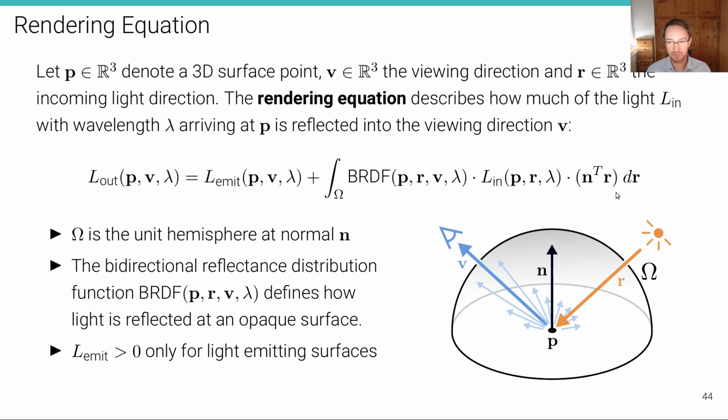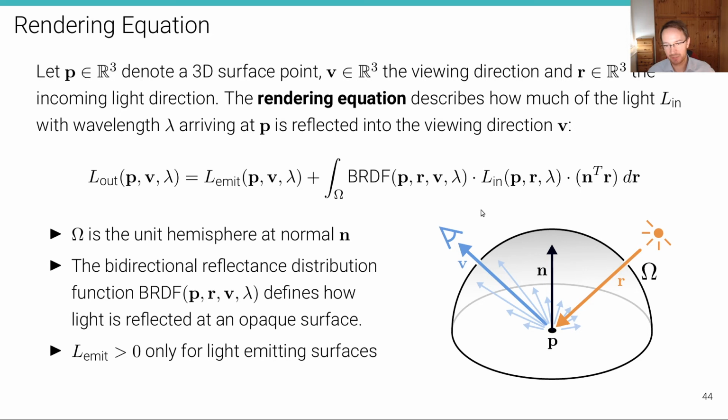All of these functions are conditioned on this wavelength lambda because this equation is true for all wavelengths basically. So for all of these wavelengths, we are integrating over this hemisphere sigma, and we're integrating the so-called bidirectional reflectance distribution function, which determines how much light is reflected at point P for a given incoming light direction R, a given outgoing light direction V and a given wavelength lambda.